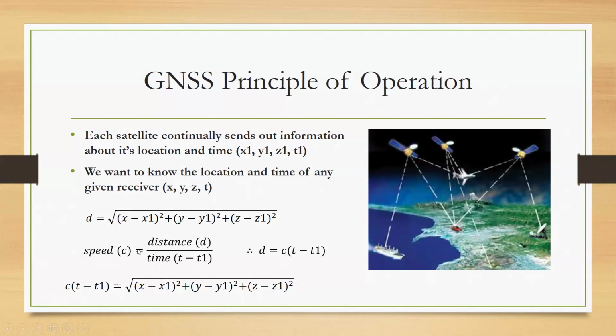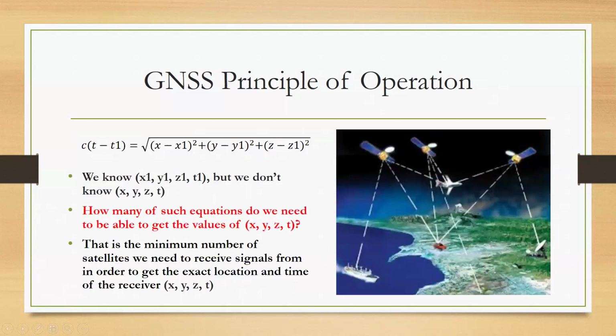And then we use the fact that the speed of the radio signal, which is the speed of light, is constant, if we assume it's constant. Then we can derive that the distance is also equal to the speed multiplied by the time interval between when the signal was transmitted by the satellite, T1, and when it was received by my cell phone on Earth, T. If I do that replacement in the original equation, we have this final equation.